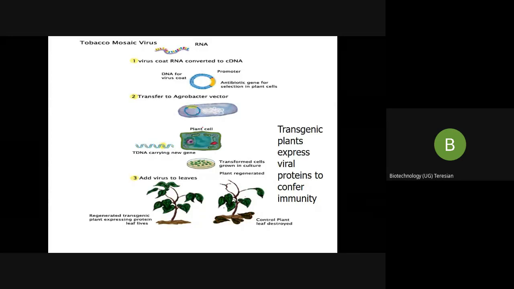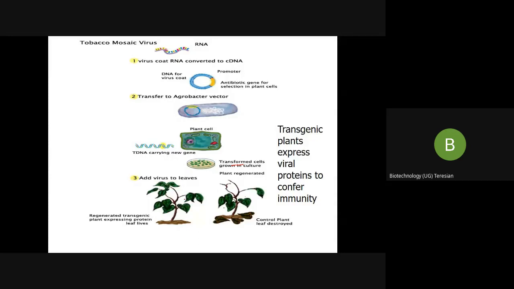So now what happens? They will next put it into a selection media. What is the function of the selection media? The function of the selection media is to select only the transformed cells. Transformed cell means which is carrying the agrobacteria. Only those cells it will select and they will start developing it into a tissue culture.